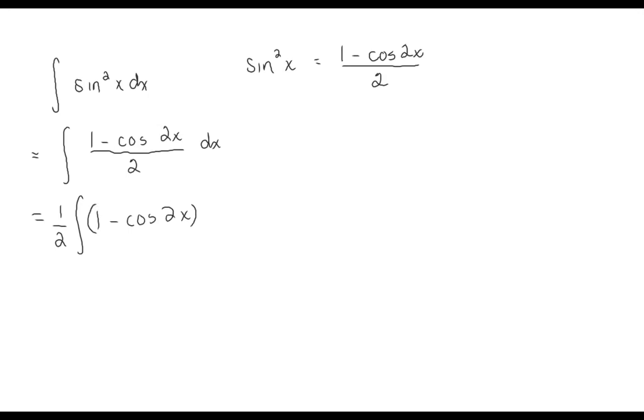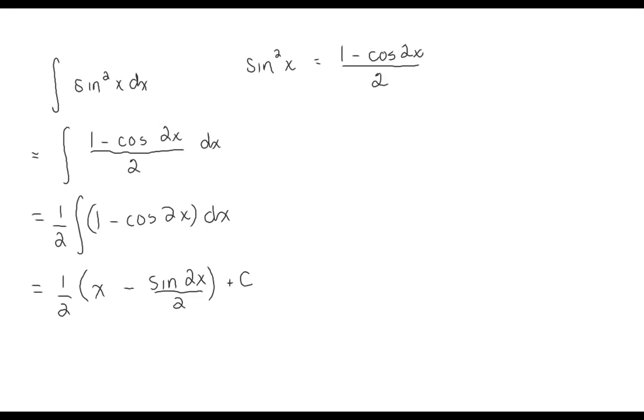And then I can integrate term by term. So the integral of 1 is x. And then being careful with the fact that the coefficient on x is 2, minus the sine of 2x divided by 2, plus c.